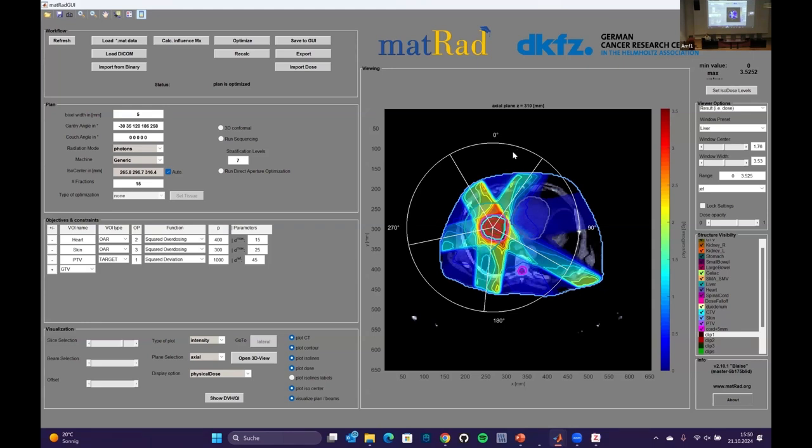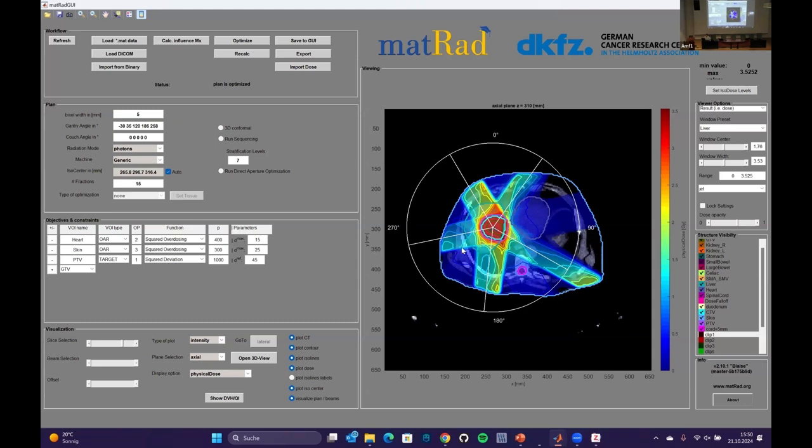So usually your beams would come from the region of 0, maybe 10 or 20 degrees, counterclockwise to 180 degrees. That would be your beam range for protons, because the beams would not cross the heart and the spinal cord, and they will stop before that.